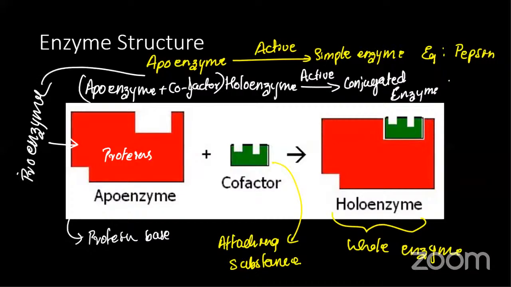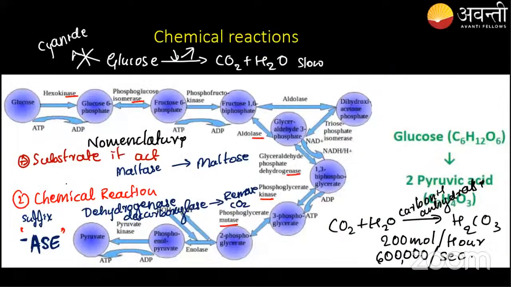Either it is active, or it needs something additional apart from the physical and chemical factors, which means temperature and pH. If it needs other components, then it will be a conjugated enzyme. I will repeat this in the next class also. Don't write down this glycolysis pathway, it's not important. We will see that in plant physiology.